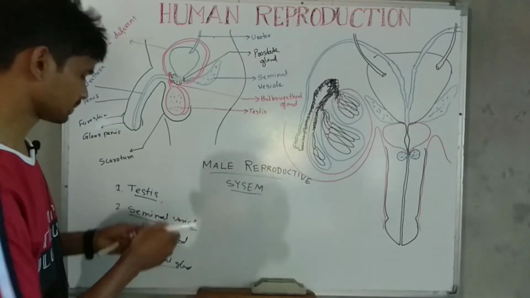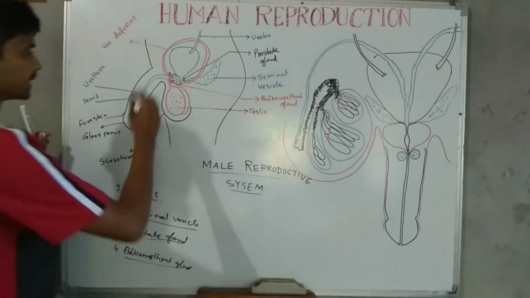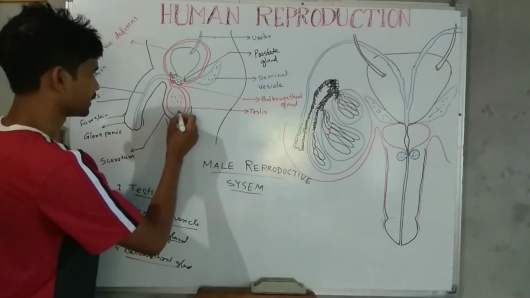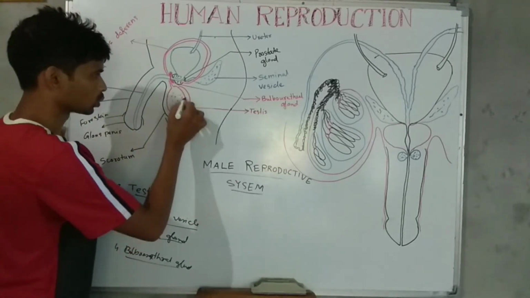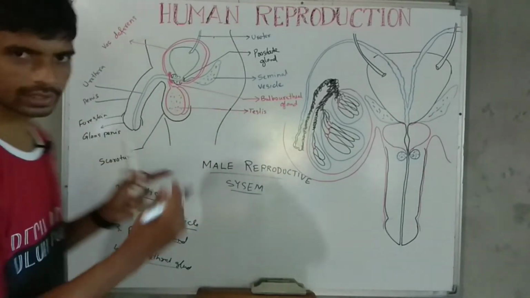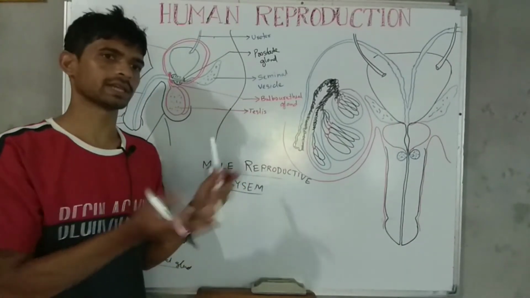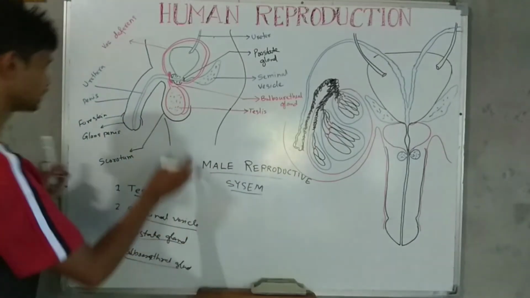So let's see the internal structure. Here you can see in the red color there is one pair of testes. These remain outside the body, inside a sac of skin.